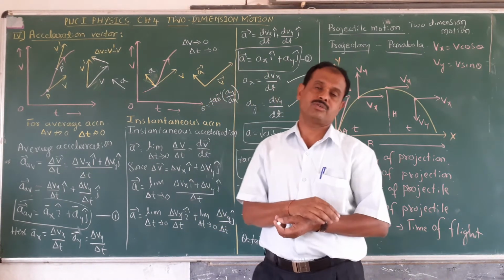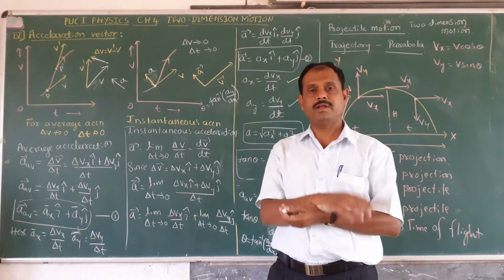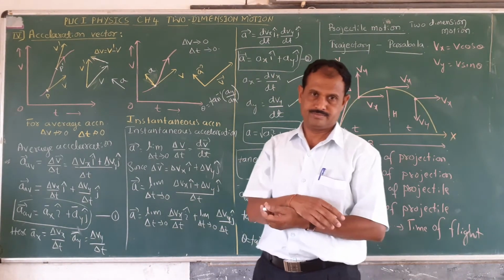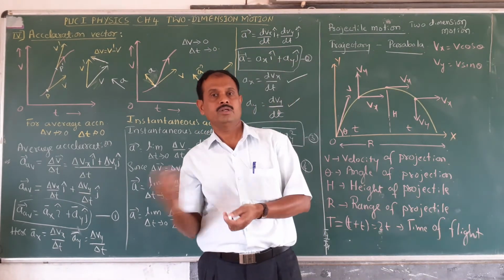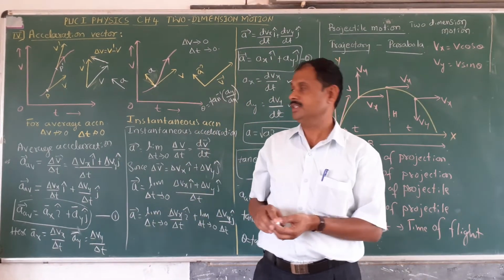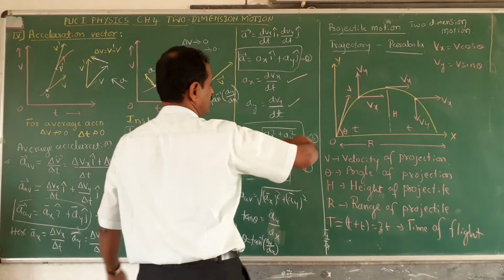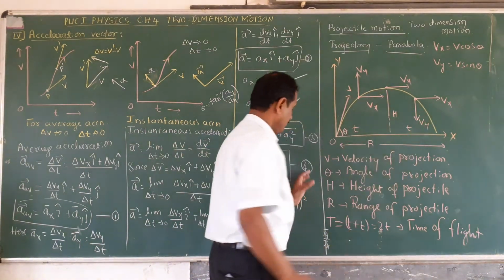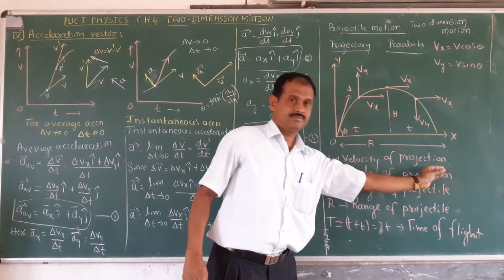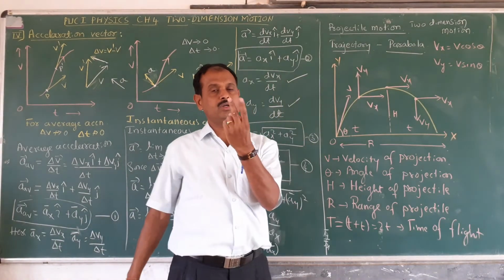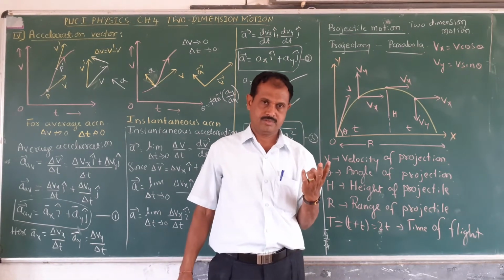Examples for projectile motion: javelin throw, shot put throw, throwing a ball. When you throw the body, it moves like this. This is said to be two-dimensional motion.